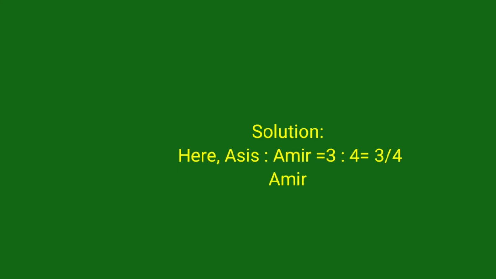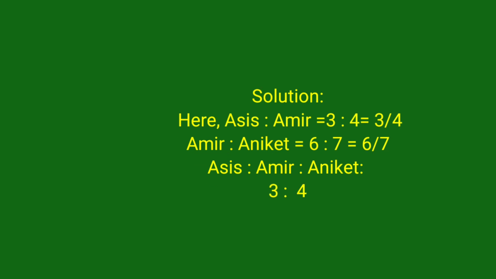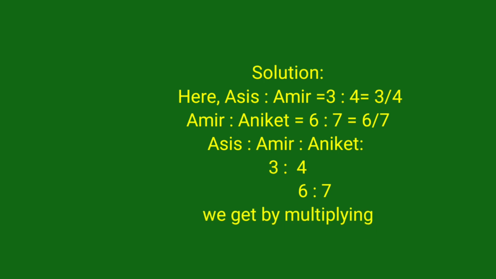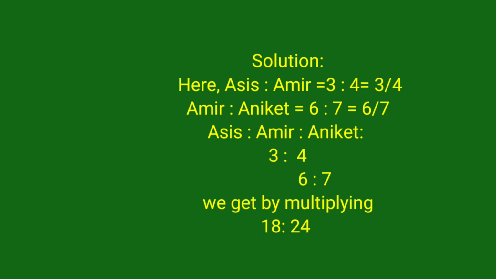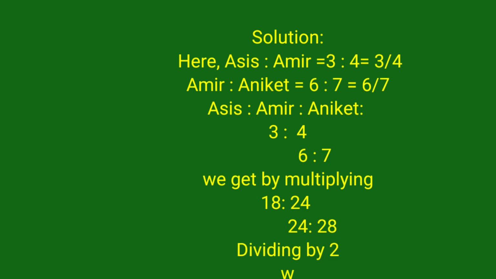You see here Ashish and Amir 3:4. That means we can write 3/4. Amir and Aniket, since it is written 6:7, we can write 6/7. Then we will set the sum in this way: Ashish, Amir and Aniket 3:4, Ashish, Amir and Aniket 6:7.